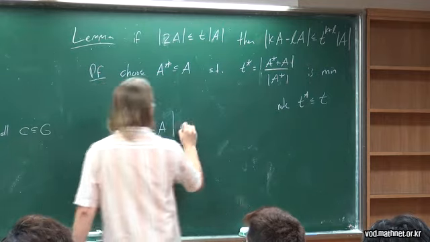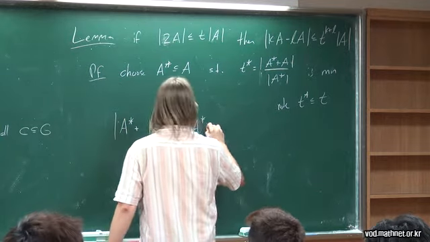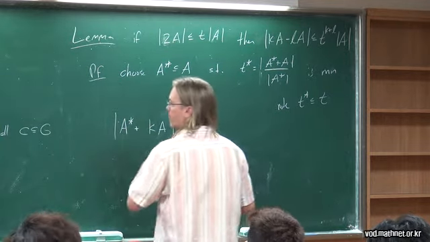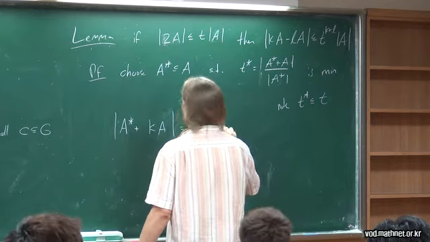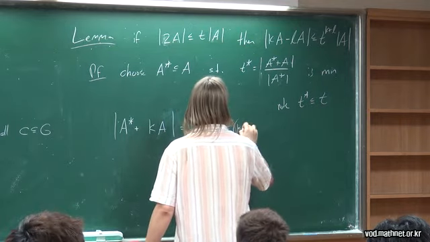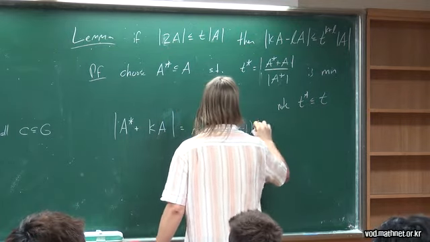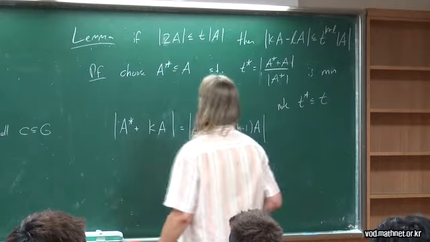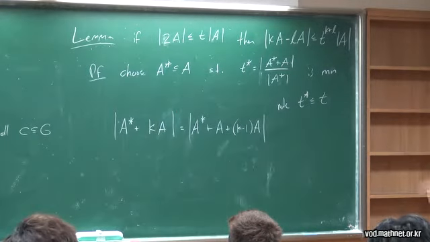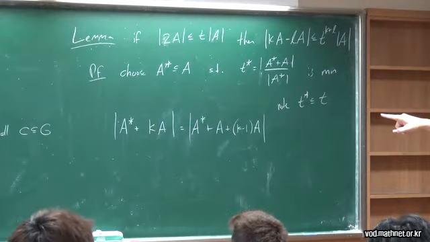So I can write this as A star plus A plus k minus 1 times A. Right, and Petridis' theorem is giving me some bound on this.